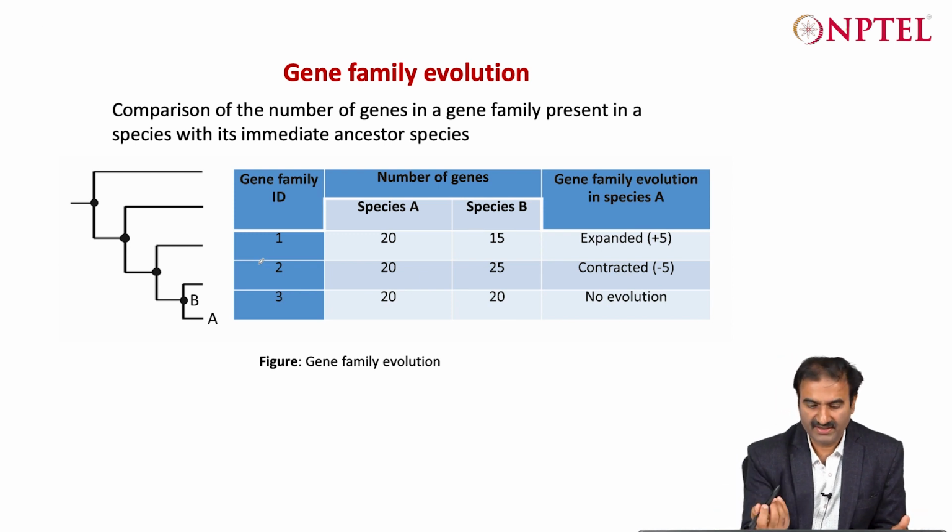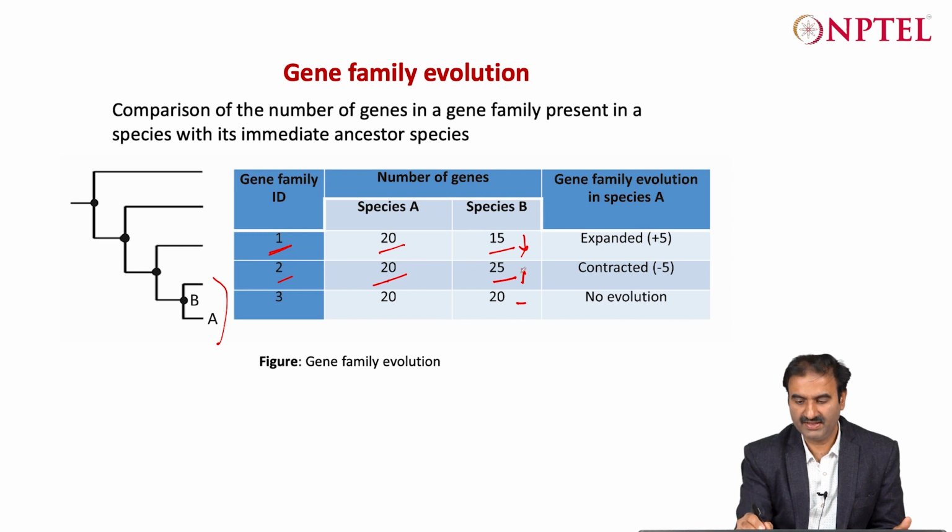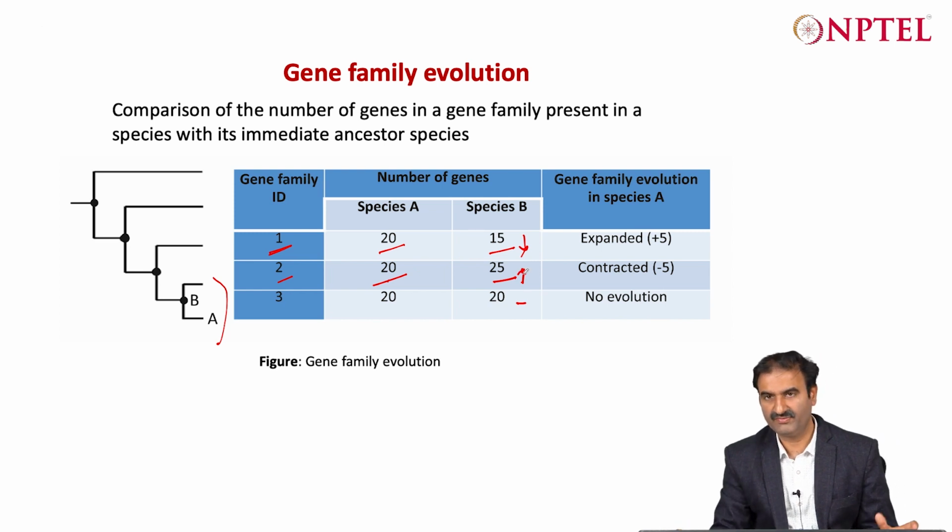For example, consider a tree with species A and B. For a gene family, the copy number is 20 in species A and 15 in B. For another gene family, there are 20 members in species A and 25 in B. So, expansion, contraction, and no change for gene 3, which means no evolution.